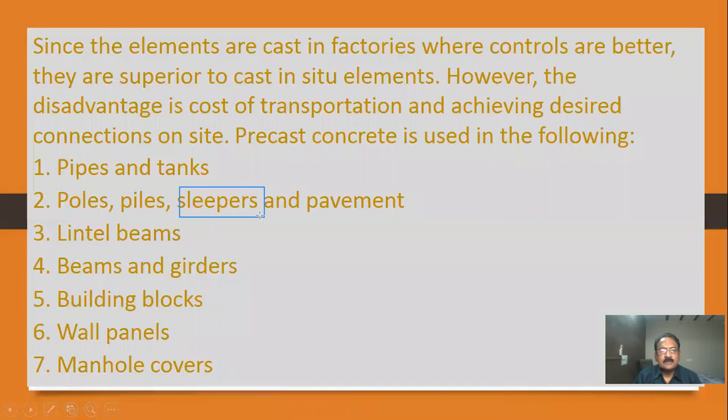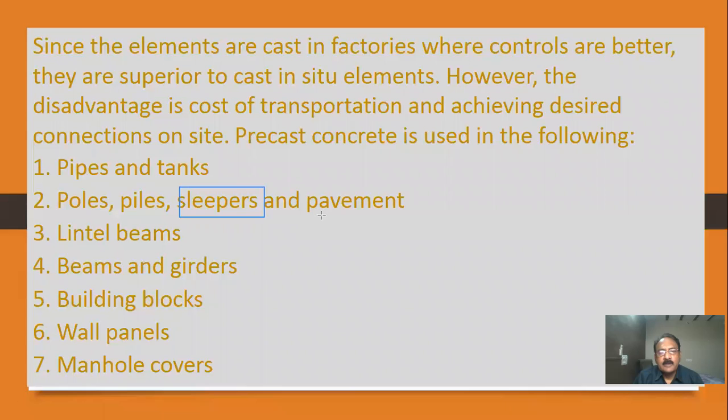What are sleepers? Railway sleepers are precast members. We cast them somewhere and transport them to the site. This is one of the advantages and a very useful application of precast elements.